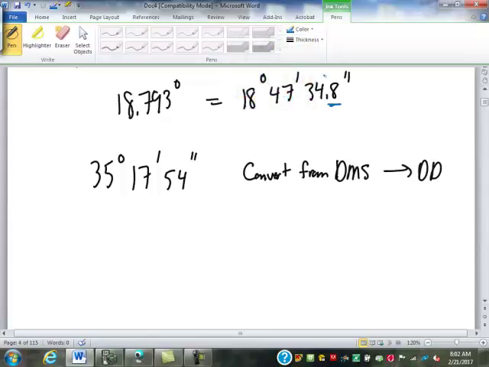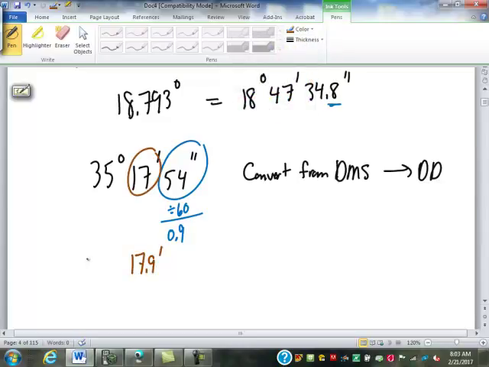I'm going to do this example manually here. You would start with the seconds. We're going to convert those into minutes by dividing by 60. 54 divided by 60 is 0.9. So now I'm going to combine the 0.9 with the 17. I now have 17.9 minutes.